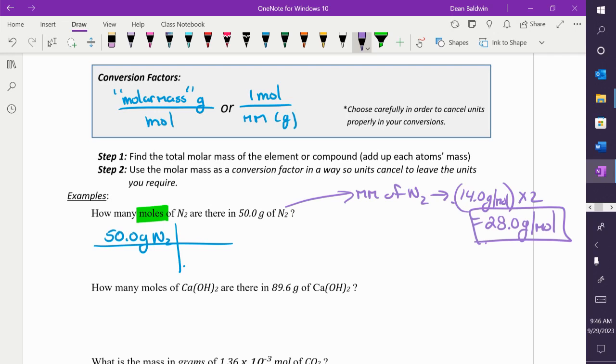So to cancel this grams, I write 28.0 grams of N2 is 1 mole of N2. So we're using this one, right? We flipped it upside down because I want grams to cancel. So now grams cancels. 50 divided by 28.